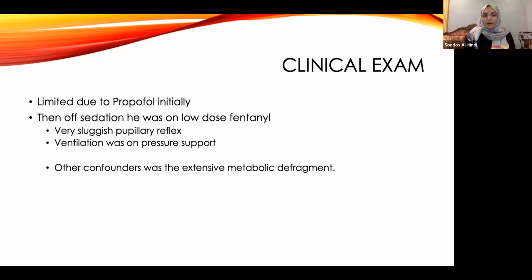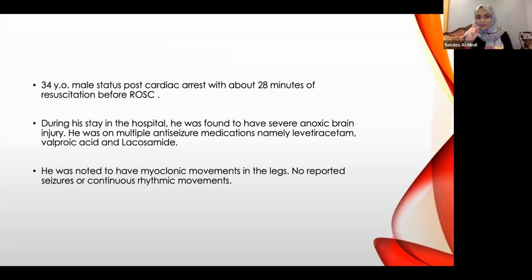All right, another case. This was a 34-year-old male, status post-cardiac arrest with about 28 minutes of resuscitation before return of spontaneous circulation. During his stay in the hospital, he was found to have severe anoxic brain injury, and he was on multiple anti-seizure medications, namely Keppra, Epival, and lacosamide.